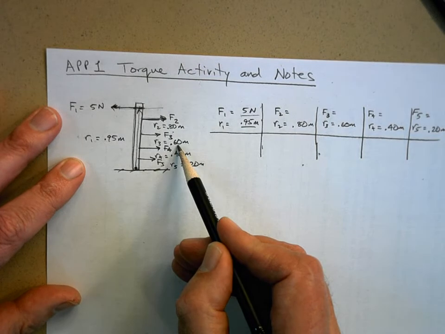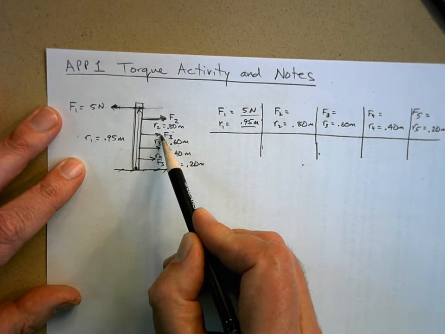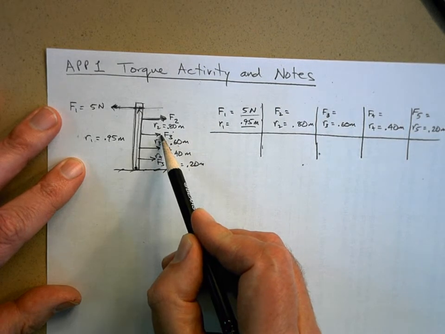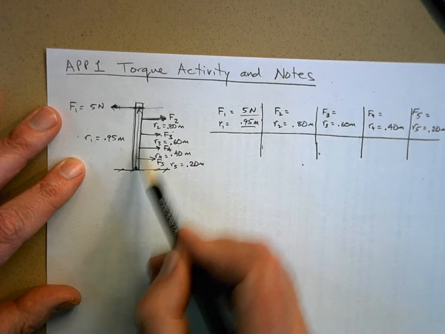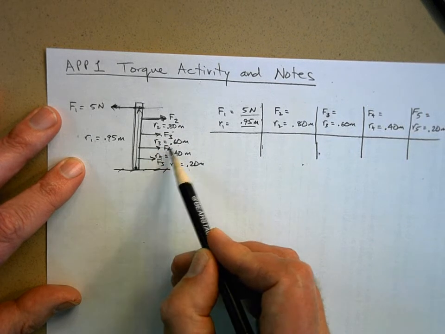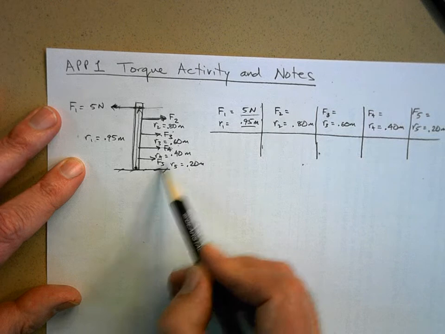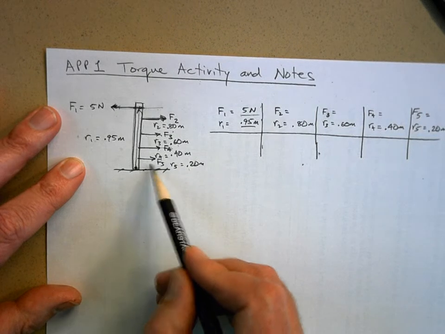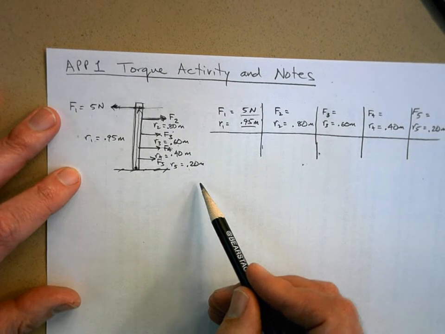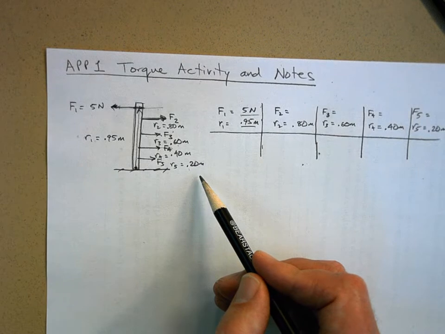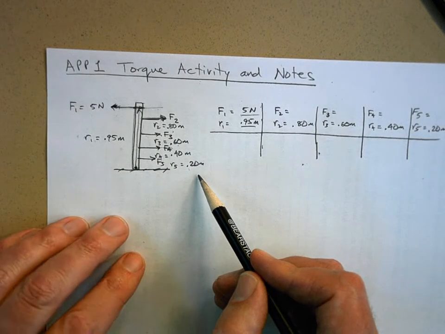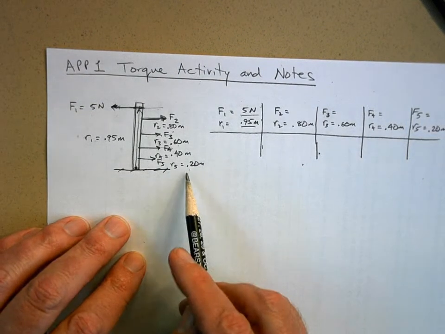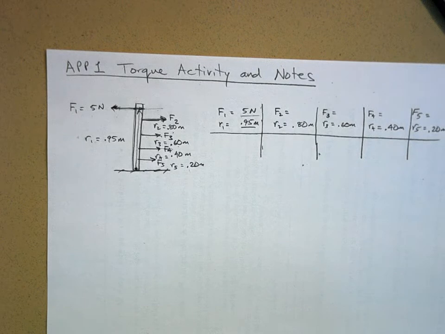R3 was equal to 0.6 meters, and we pulled it to the right with F3, and then we measured that. Then we slipped it down, and we pulled to the right with F4 at 0.4 meters. And then we tried F5, but this didn't work because the force that we had to apply to keep the stick straight up was greater than what we could measure with that spring scale.